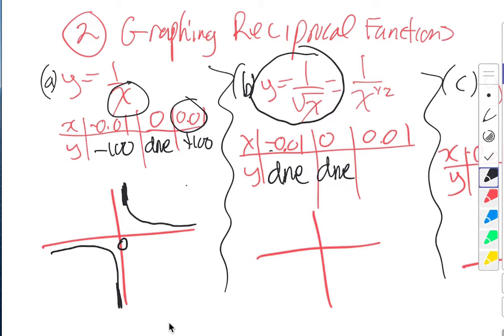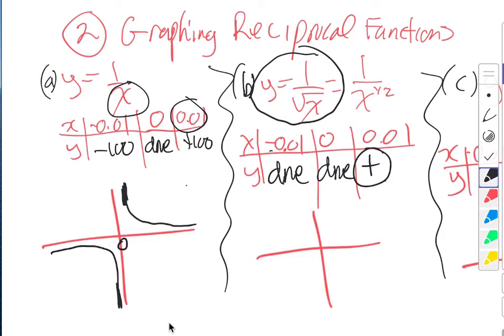Now if I replace x with 0.01, think about that for a second, folks, whether it's a square root or not. If I've got 1 divided by a really small number, what is the answer? A really small number goes into 1 many, many times. So instead of doing the calculations, I'm just going to write a big positive, with a big plus sign around it.